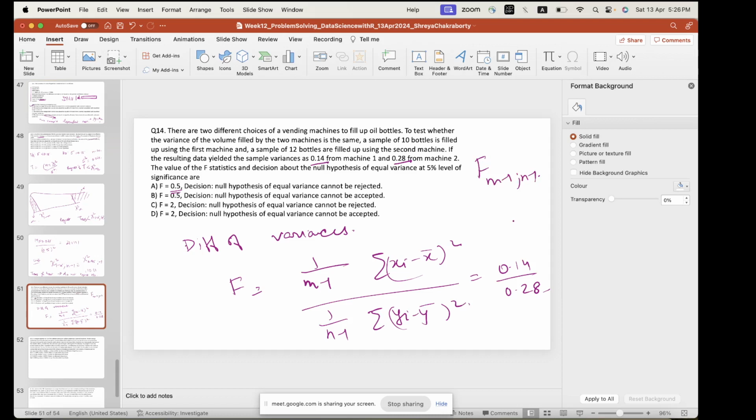Okay, and here also the same thing, whether the variances are the same.